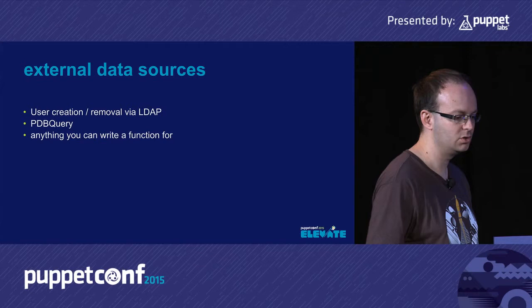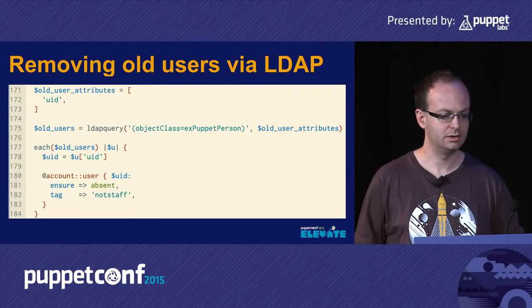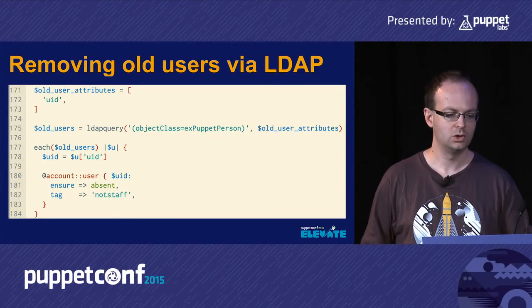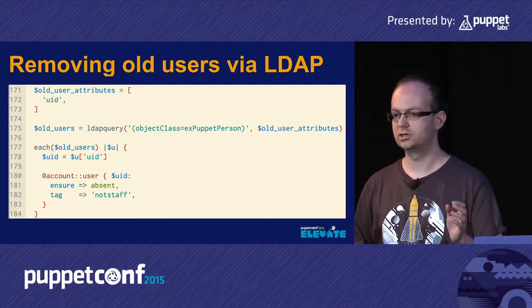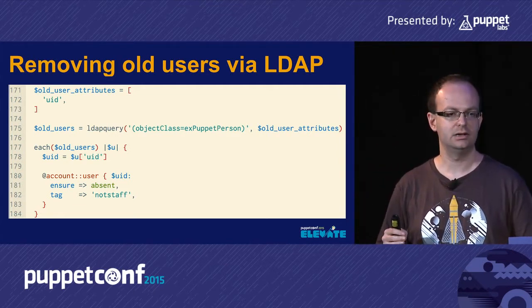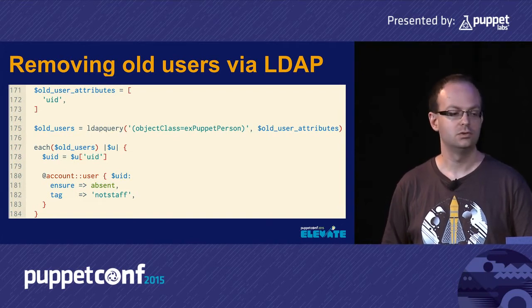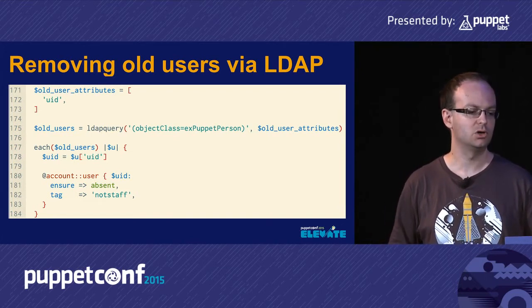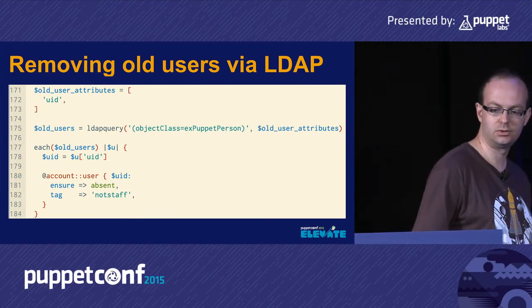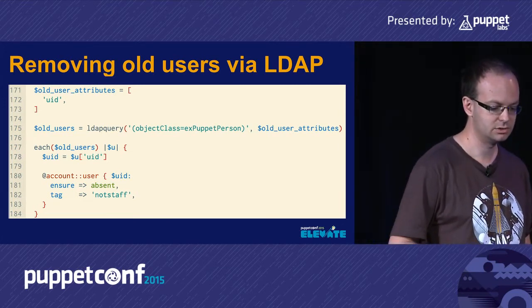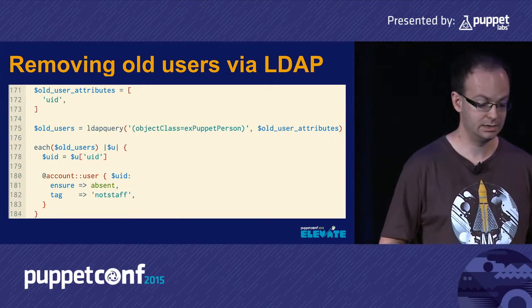One of the things we're doing is migrating from provisioning users just with a Puppet manifest to going from LDAP. Right now we're just purging old users via LDAP. Zach Leslie wrote this LDAP query function. It's open source, and I have a link to it at the end.